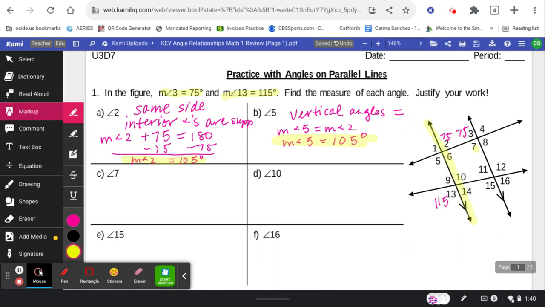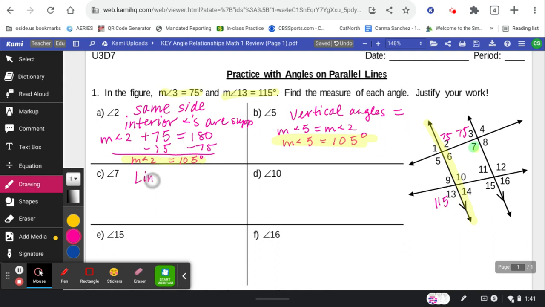Angle 7 over here now. Okay, to find measure of angle 7, I've got some info with measure of angle 3. What's the relationship there? You got it, linear pair with angle 3. So I'd say that the measure of angle 7 plus the measure of angle 3, do you see how I'm using a little m for measure of angle? These are linear pairs, so they add up to 180.